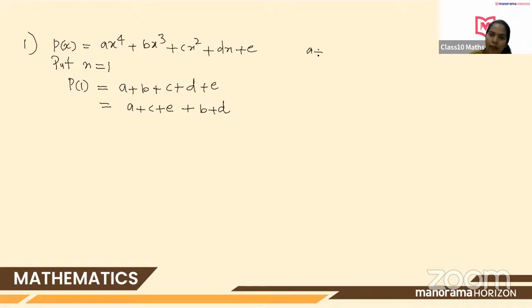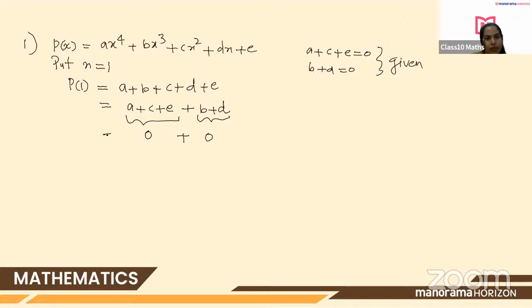So this is a plus c plus e, which is equal to 0, plus b plus d, which is again equal to 0.